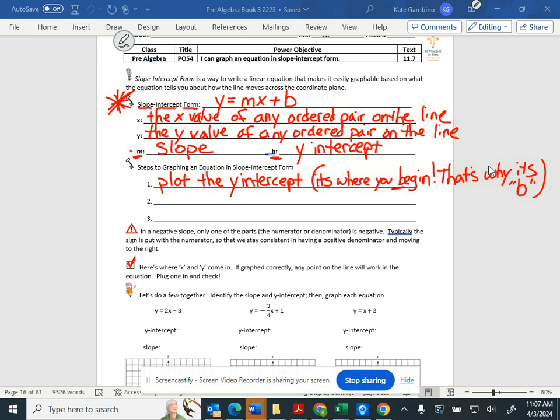The second thing we do after we plot our y-intercept is we use the slope to get a second point. It's how you move.